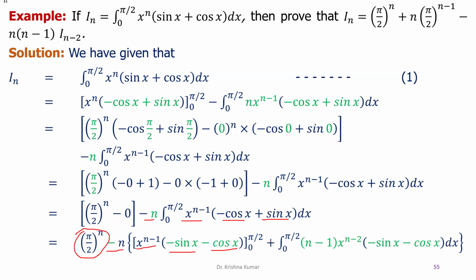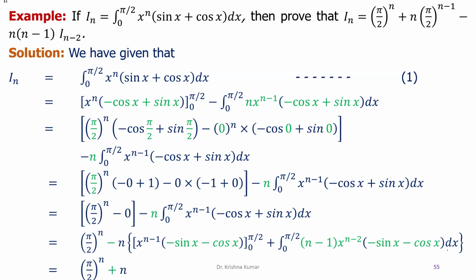Then this is not plus, this is minus sin. The derivative of x to the power n minus 1 is n minus 1 times x to the power n minus 2, and integration of minus cos x is minus sin x, and integration of plus sin x is minus cos x, with respect to x.